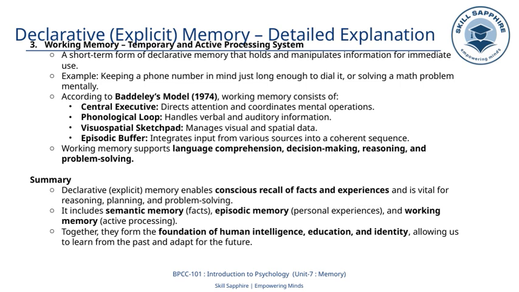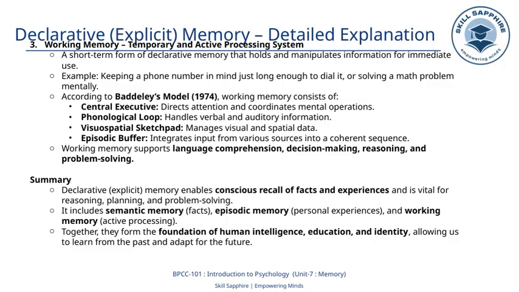Lastly, the episodic buffer integrates information from these sources into a coherent sequence, helping us form a bigger picture. Working memory plays a crucial role in language comprehension, decision-making, reasoning, and problem-solving, making it a vital part of our cognitive toolkit.